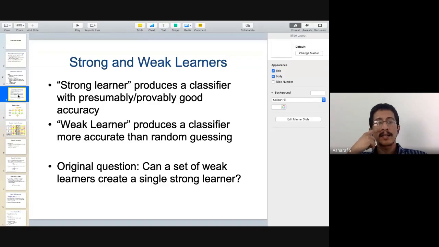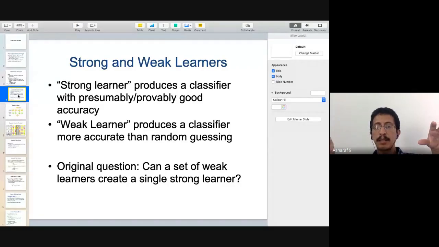You call that a weak learner because, in a binary classification context, it can be either class 1 or class 2, and without any training the possibility of a random test point being classified as class 1 or class 2 is 0.5, which is a random guess. If your classifier is a little better than a random guess, you call it a weak learner.